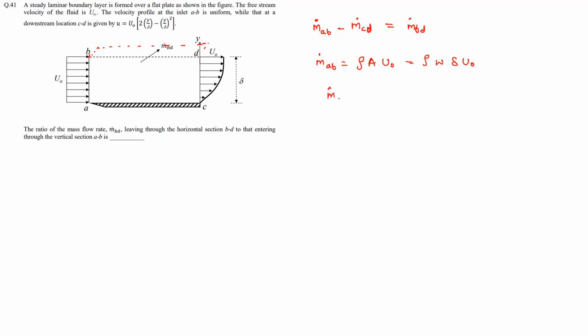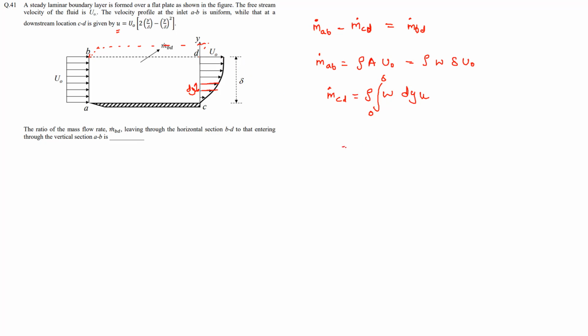Now if you try to do the same kind of thing for CD, you have to take some elemental area. So let's say I took this elemental area dy, and then you can just say that m dot CD will be rho times A, which is A W. So width will remain the same, and then you will have some dy, that is your elemental area dA, times u, this small u, and you have to integrate it from 0 till the whole free stream, wherever you reach the free stream velocity.